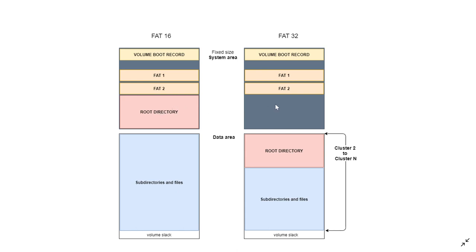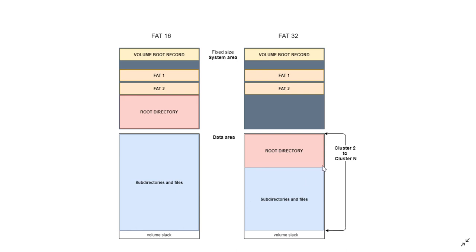In comparison to that, in FAT32, the root directory is shifted down into the data area, and the data area is the area where the files and folders store their information. And in this situation, the root directory can grow in size until you have space in the data area of the volume.